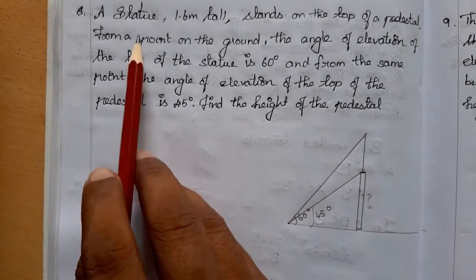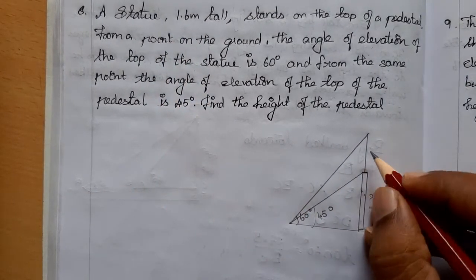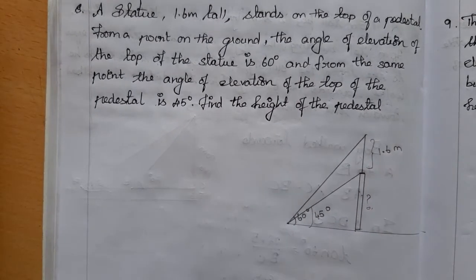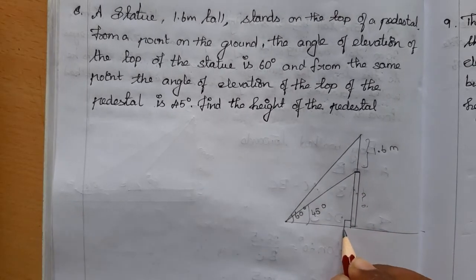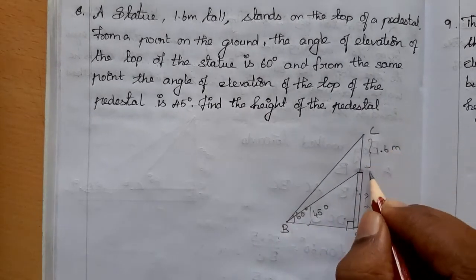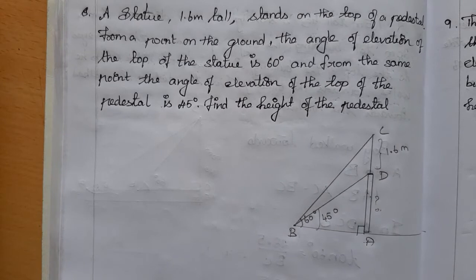We know that the statue is 1.6 meter tall, so this height is 1.6 meter, and we know that two right angles will be formed, right? So let me name it as A, B, C and D. So ABD is one of the right angles, and ABC is another right angle.